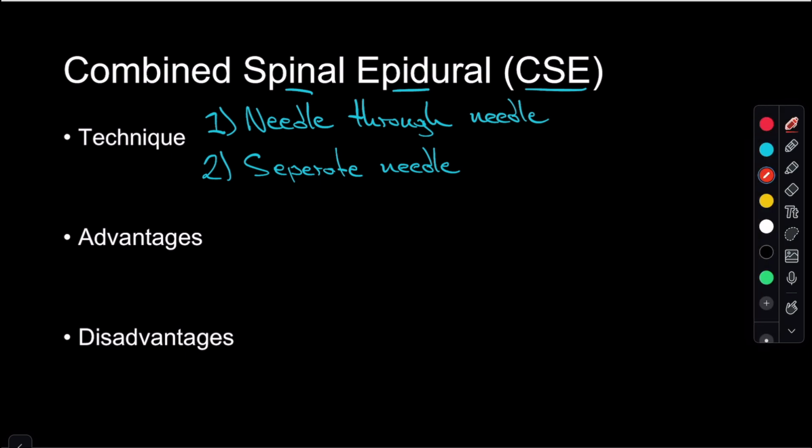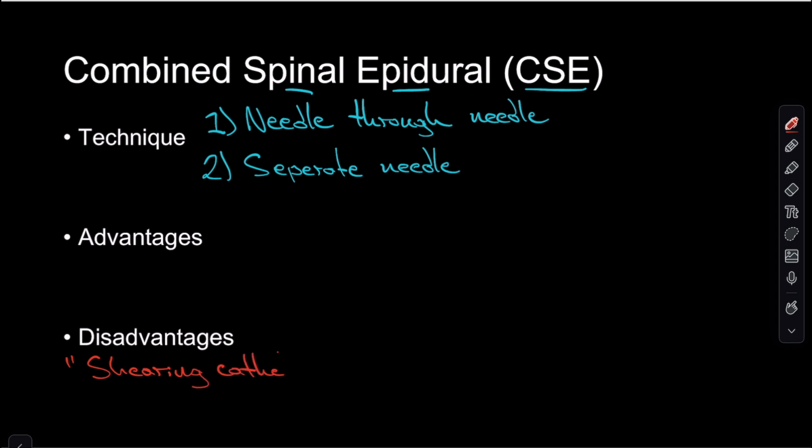The major theoretical risk of the separate needle technique, we'll include this as a disadvantage, is you have a theoretical risk of shearing your epidural catheter in the patient's back. And that would be a massive complication if you broke off the catheter and left that in the patient's spine.